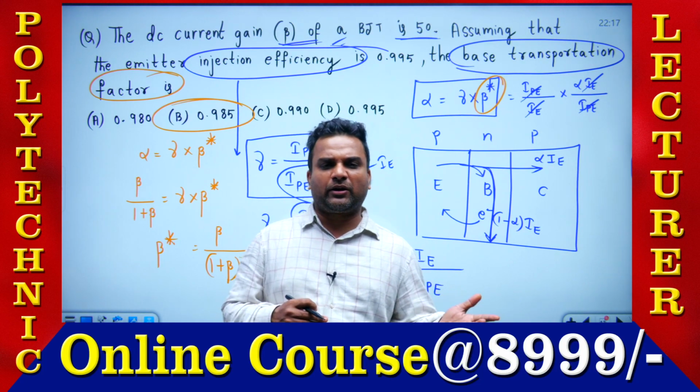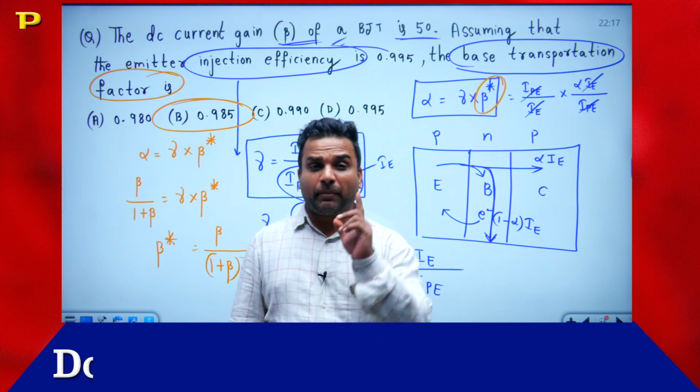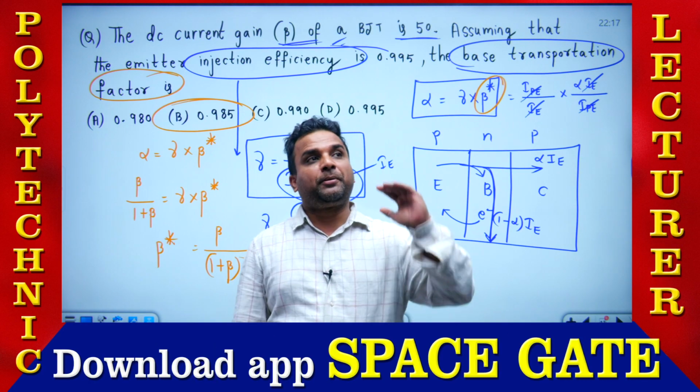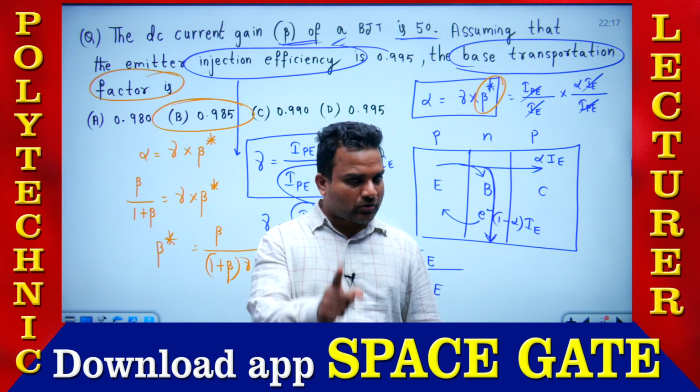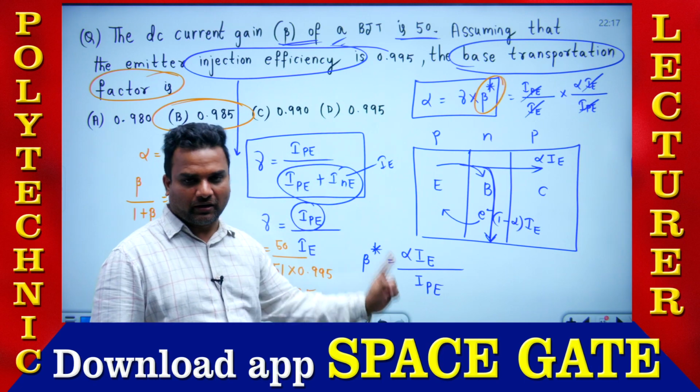In front of you I can take one very simple formula: alpha is some value, what is beta? Beta is some value, what is alpha? I can do it like this. But in the exams, beyond this level, you are going to get questions based on these formulas as well.